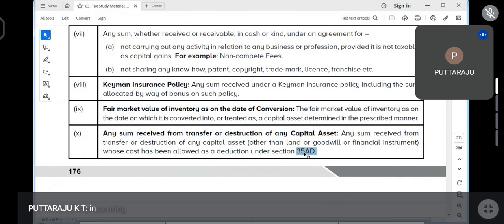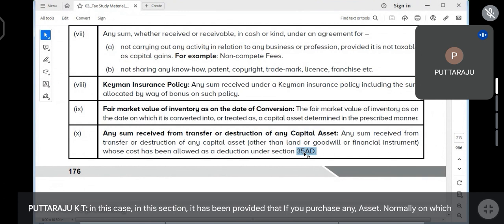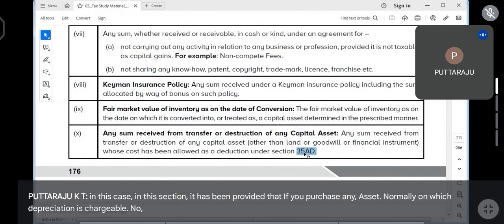In this section, it has been provided that if you purchase any asset on which depreciation is normally chargeable, instead of claiming depreciation, you can claim the value of the asset as a deduction.